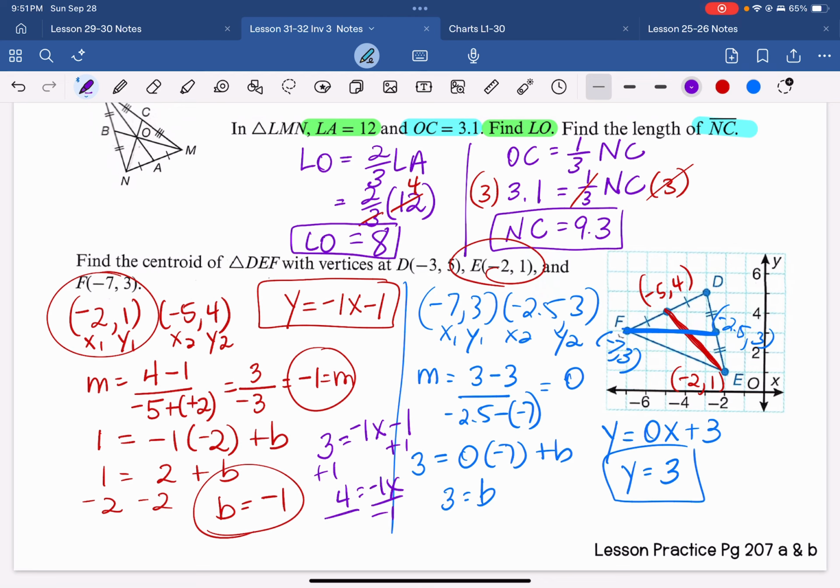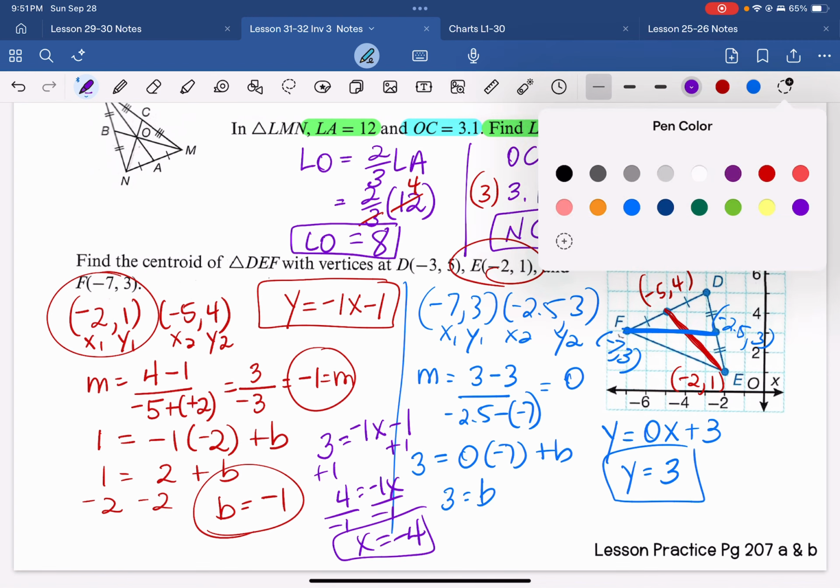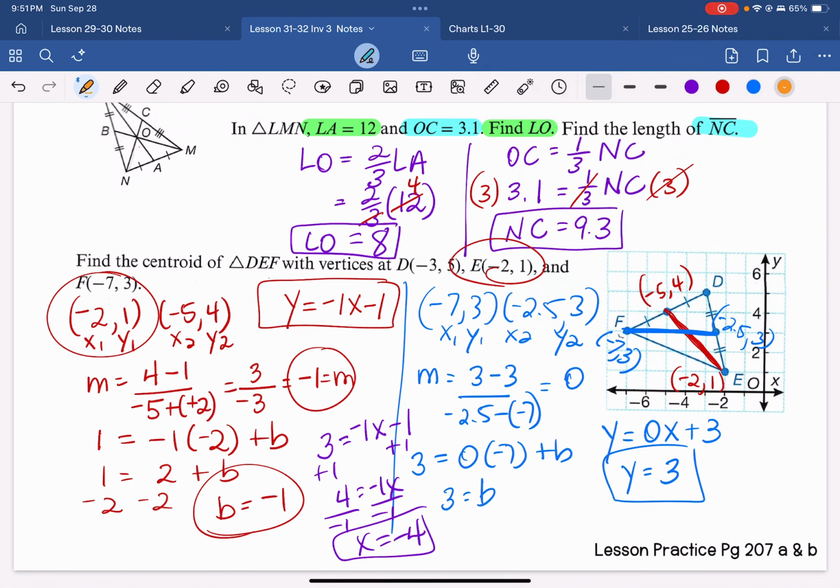If I divide by a negative 1, I get x equals negative 4. So, time to write my answer as an ordered pair. I'll do that in orange. My final answer is negative 4 for my x and 3 for my y. That is the point at which the two medians intersect. I know that was a lot.